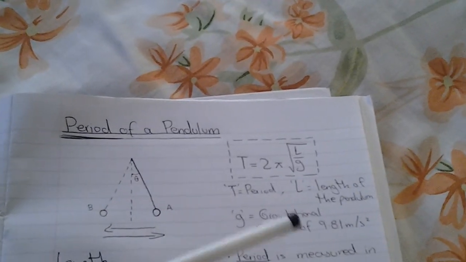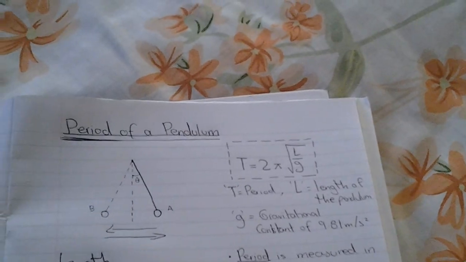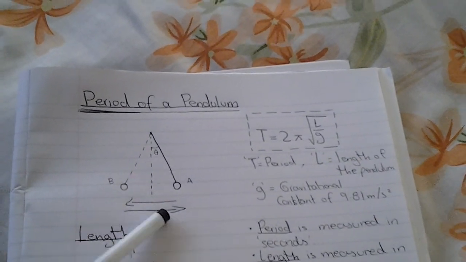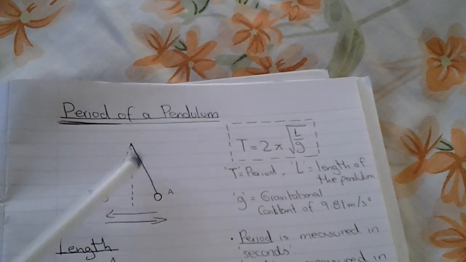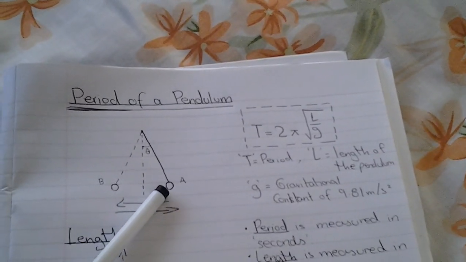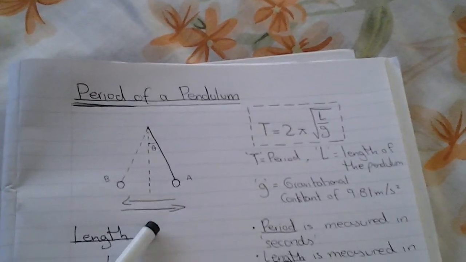Before we get into some of the logistics behind this formula, let's have a definition of what the period of a pendulum is, what a periodic time is. Let's say you have a pendulum suspended from a point, and that bob, yes, that's what it's called, the bob, makes the pendulum a pendulum.